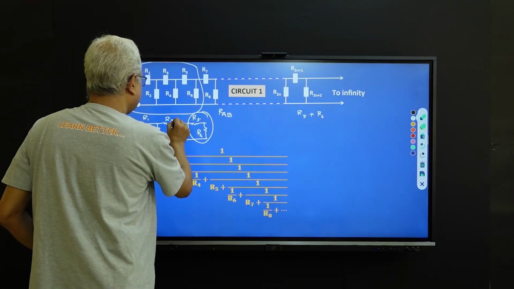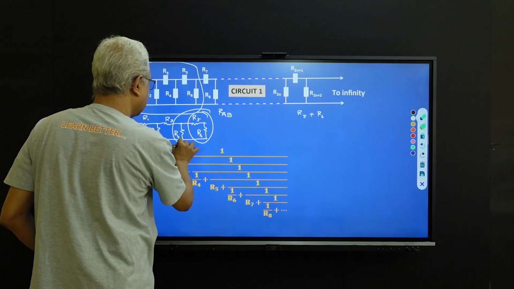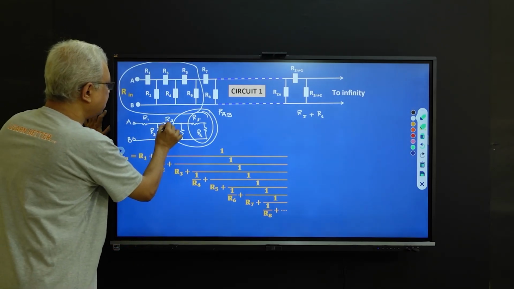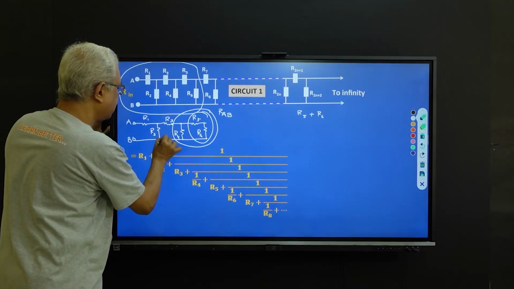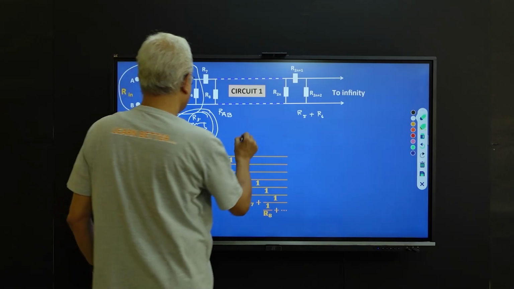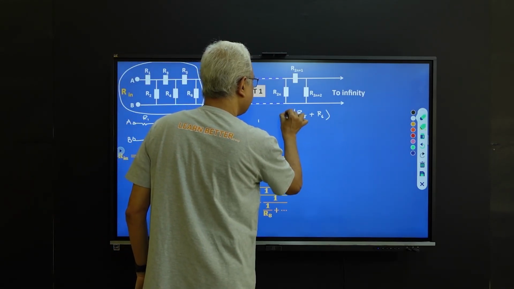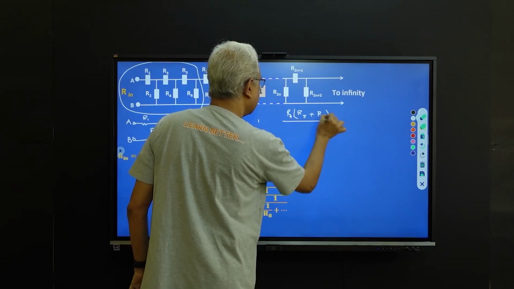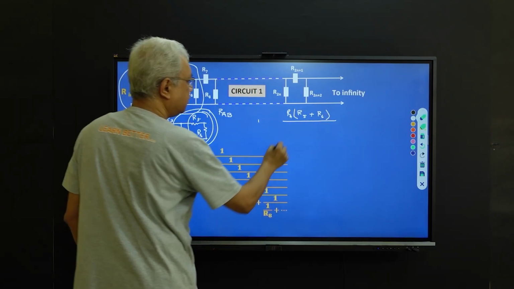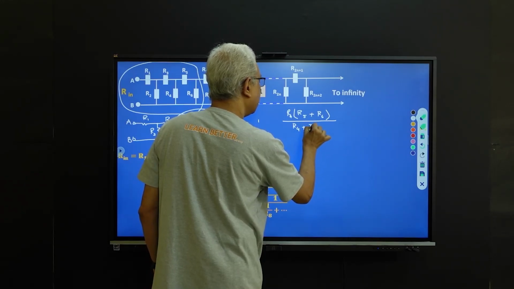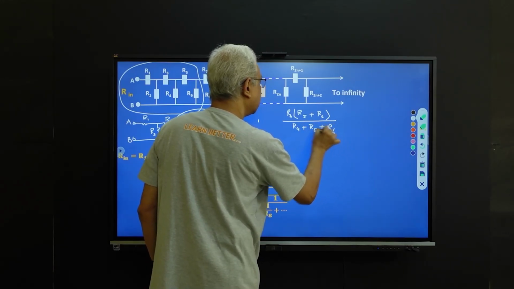So if we consider this part of the circuit, then the equivalent resistance between this point and this point will obviously be R4 multiplied by R5 plus R6 divided by R4 plus R5 plus R6.